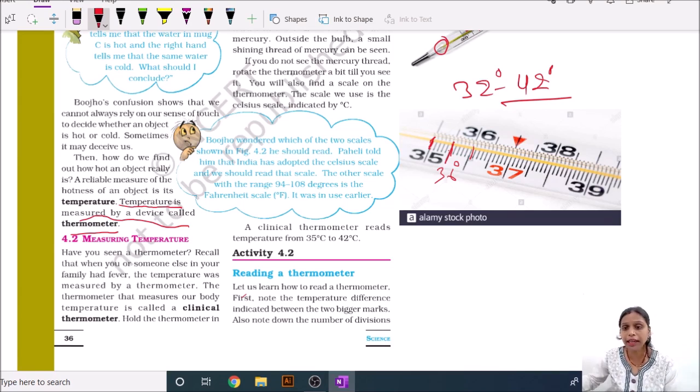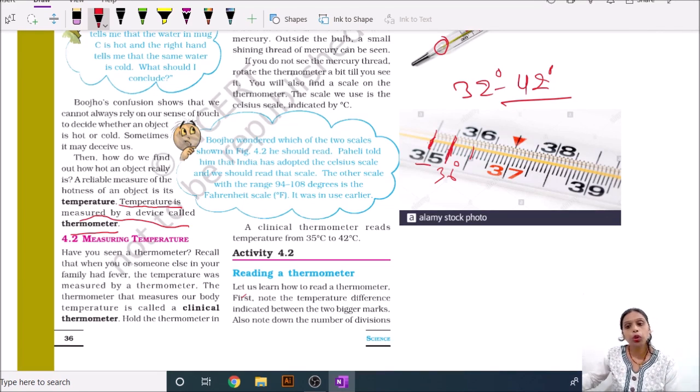You can see how you will read and measure the temperature in a clinical thermometer. We will study it here. What is this? These are two lines present here. This is 35, 36 degrees Celsius.